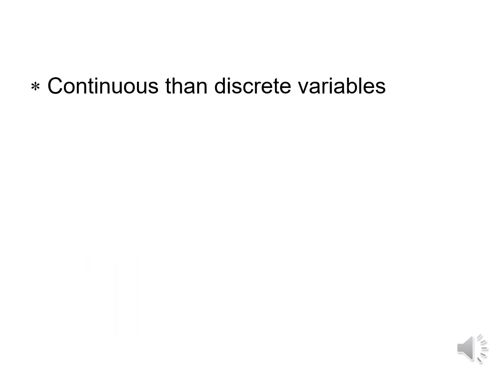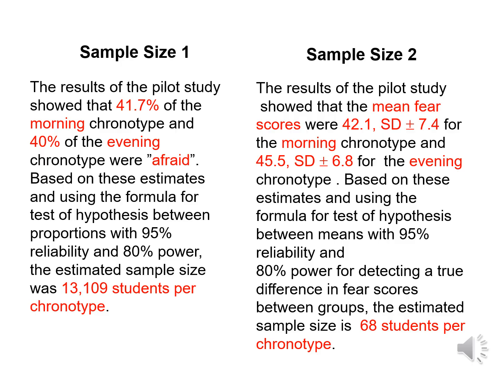Use continuous rather than discrete variables. This is to illustrate the differences in sample size requirement between using a discrete variable, which is the proportion of RAID in sample size 1, and a continuous variable, which is dental fear scores in sample size 2, on a study to determine the association between chronotype and dental fear.